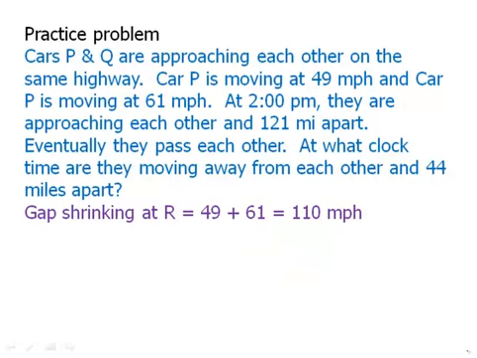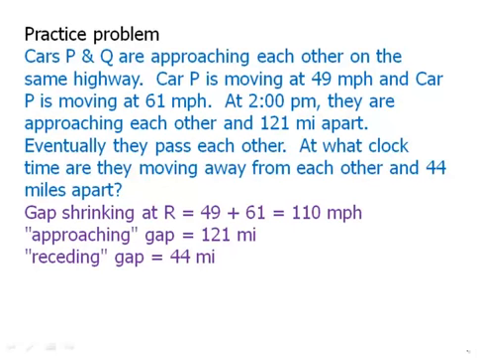So we're going to add the speeds, and so the combined speed, the speed at which the gap is changing, is 110 miles per hour. We have the approaching gap, the receding gap. We're going to add these together for a total distance of 165 miles.